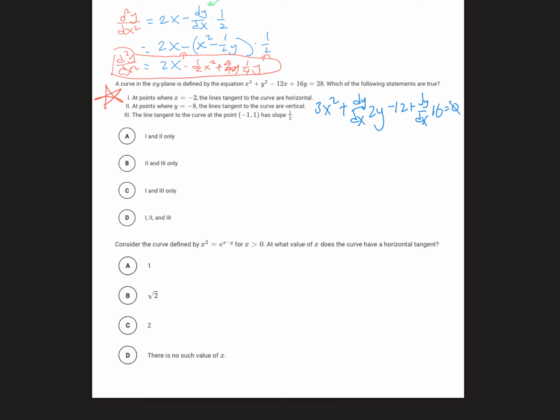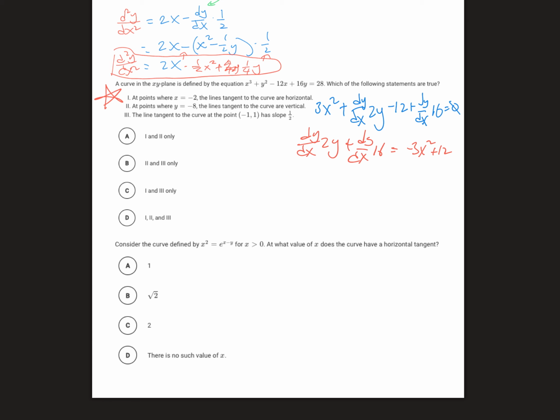Now you should recognize the two terms with dy/dx, and the two terms that do not have it, 3x squared minus 12. We're going to move those to the right side. So my next step looks like this: only dy/dx on the left, dy/dx times 2y plus dy/dx times 16 equals -3x squared plus 12.